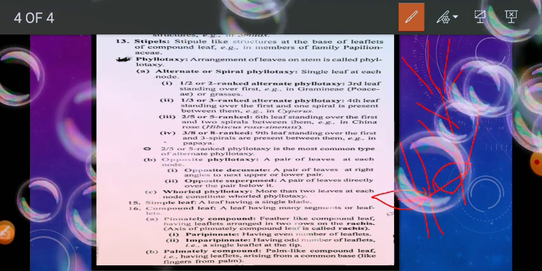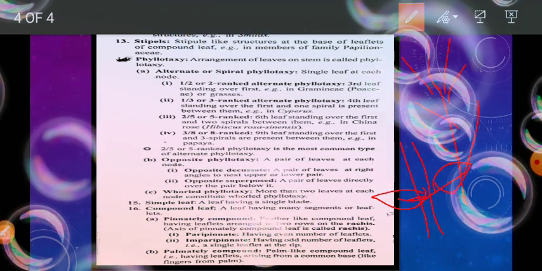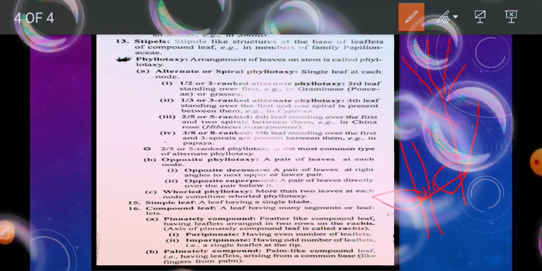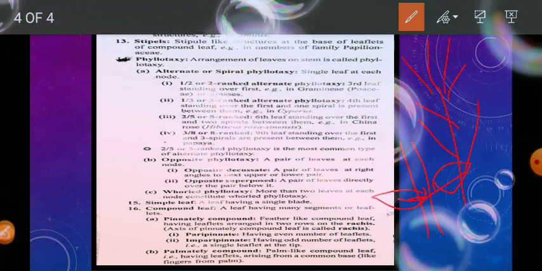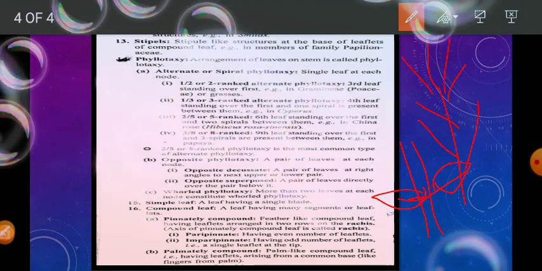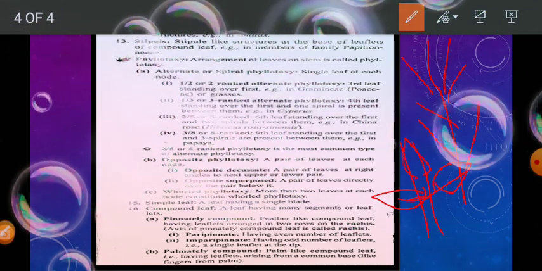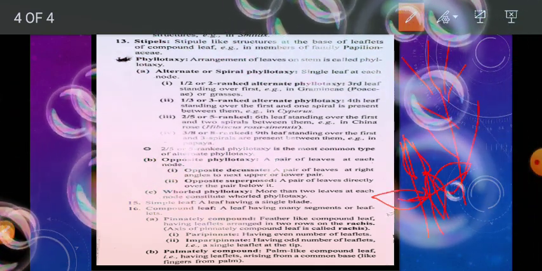Opposite decussate means a pair of leaves at a right angle to the next upper or lower pair, so the arrangement at the next node is at 90 degrees.